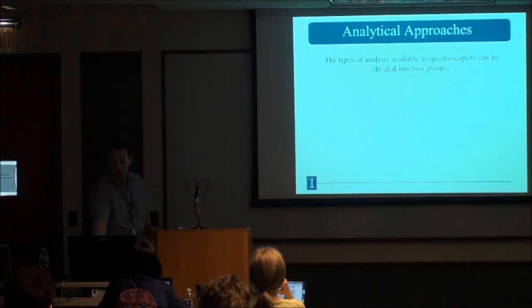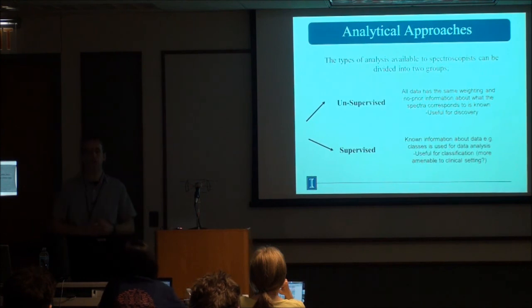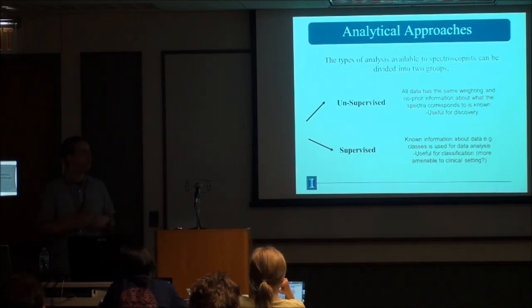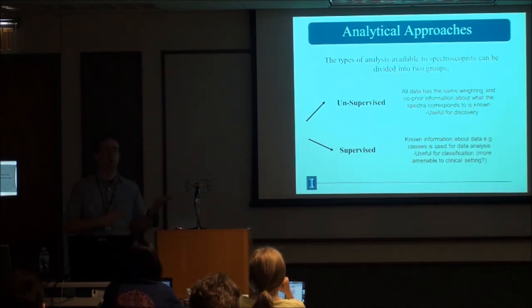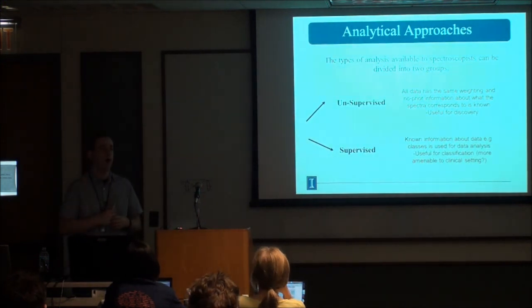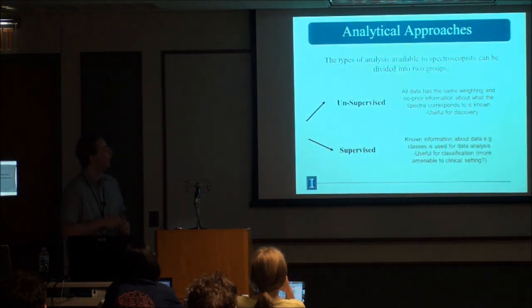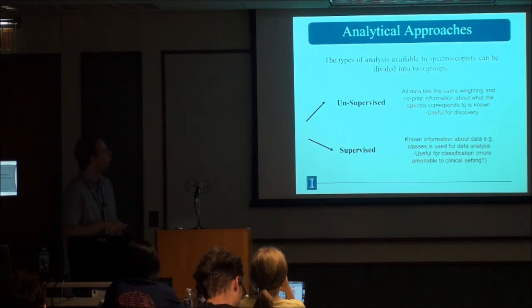So in general, there are two types of classification that spectroscopists will use. One is an unsupervised approach. This typically is things like principal component analysis, PLS, very useful for discovery. Artificial neural networks, technically, depending on what mode, would fall into this.